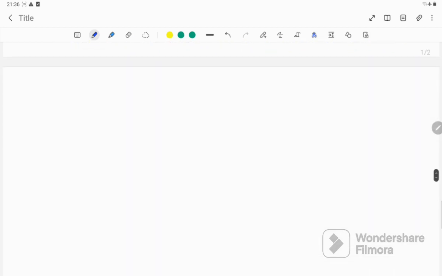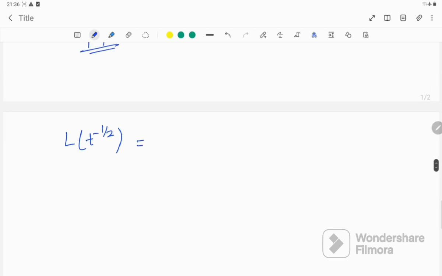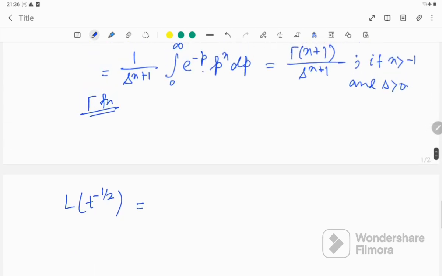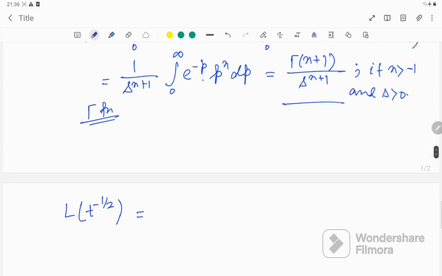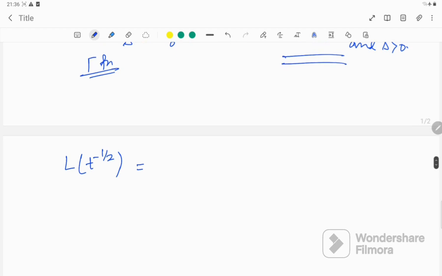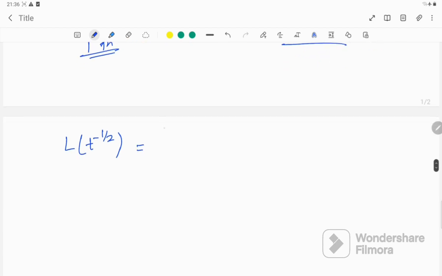So suppose we want to find the Laplace transformation of t to the power minus half. This is a particular case. Then what will happen? You see, this is the formula for us. So here n is minus half.